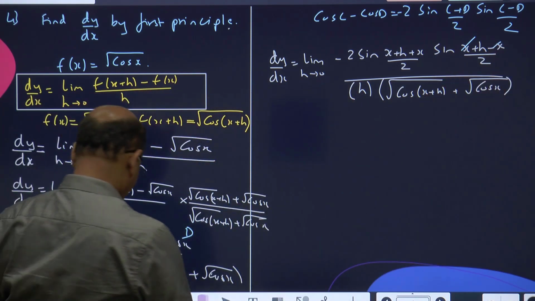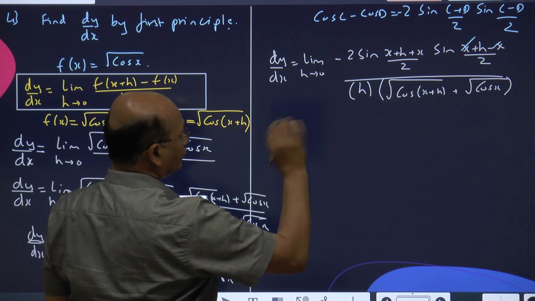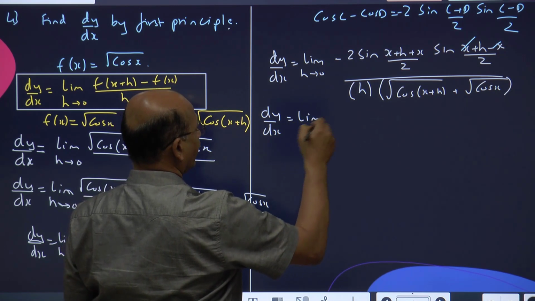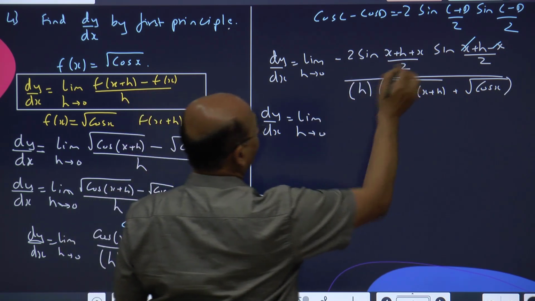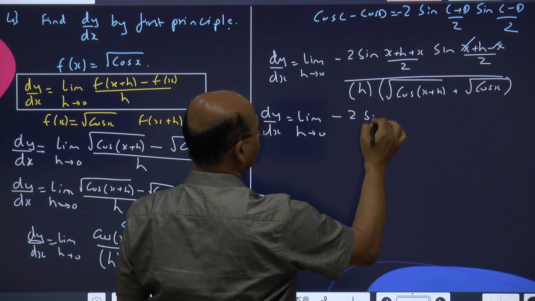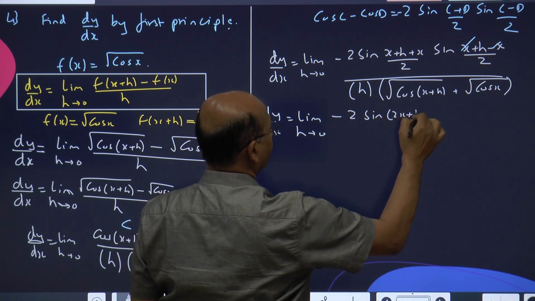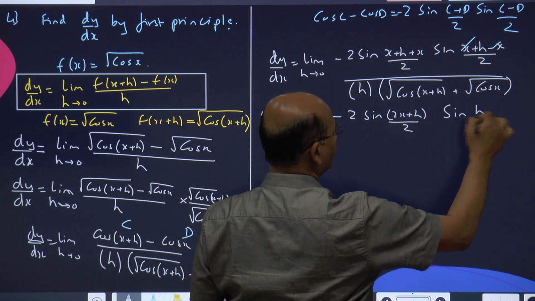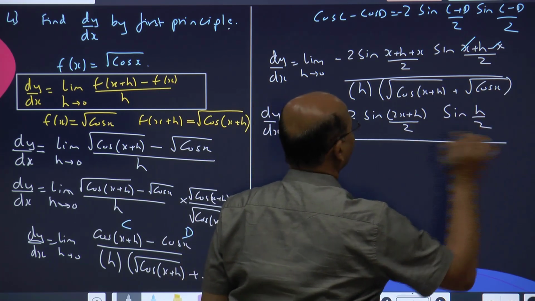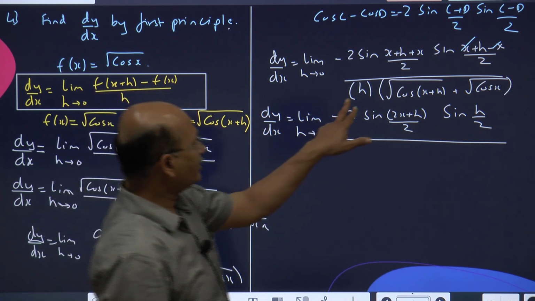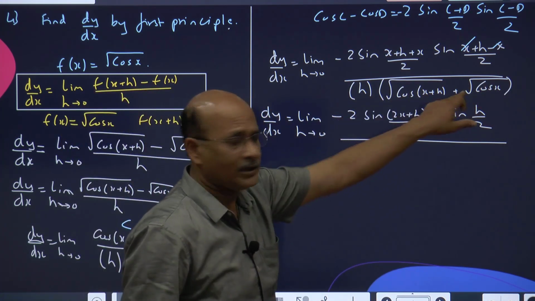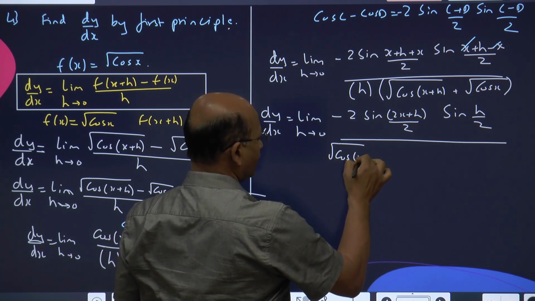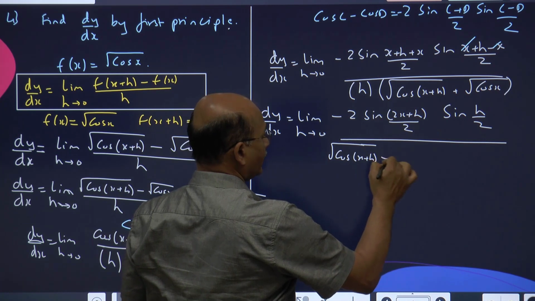Now I am writing this again. dy by dx is the limit as h approaches 0 of minus 2 sin of (2x plus h) upon 2, times sin of h by 2. Now make a note of it. This is one term, and this complete expression is the second term, so I write the second term first: cos of x plus h plus root of cos x.